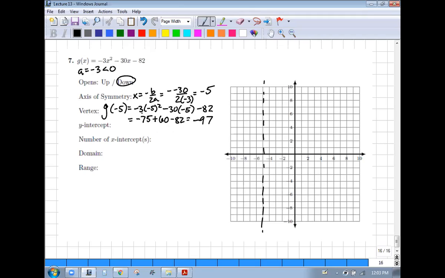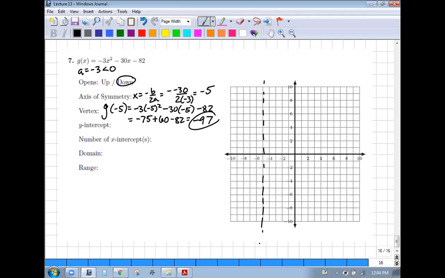-3 times (-5) squared. Yeah, that's 25, that's right. Minus 30, so that's positive. Negative 97. Let me check this. Negative b over 2a, negative b is a negative 30, a is a negative 3. 3 minuses gives me, yeah, I guess so.